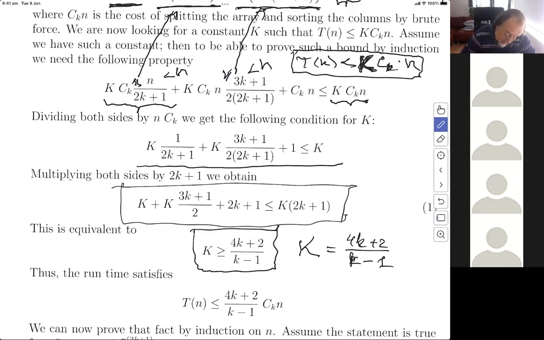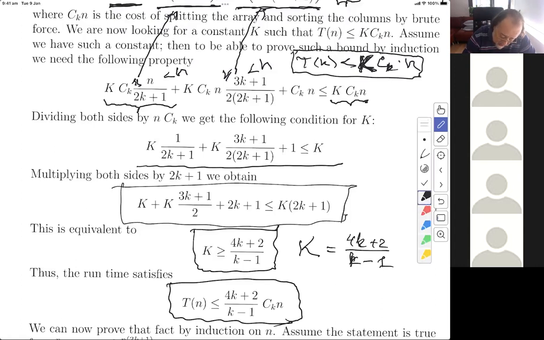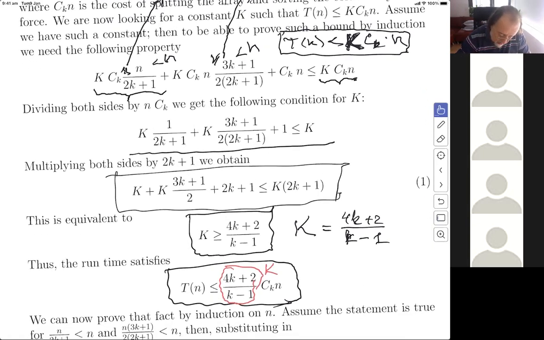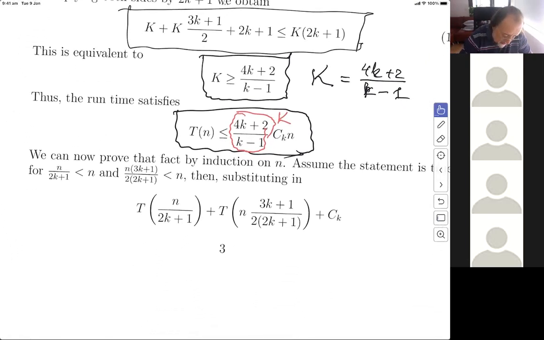The claim is then that the runtime of your algorithm will satisfy this inequality, because this guy here is replacing capital K. And it's easy to prove this by induction.